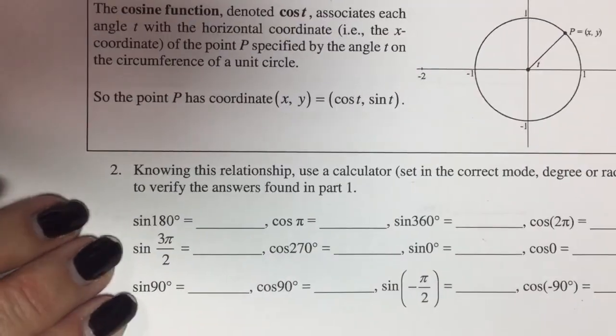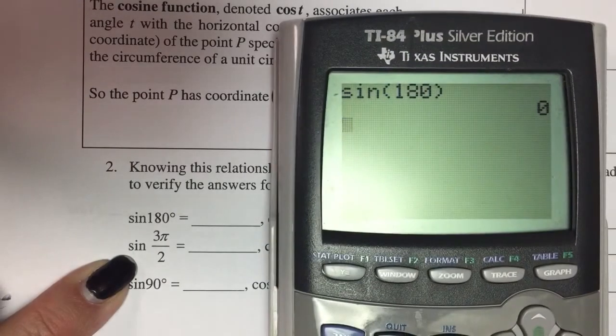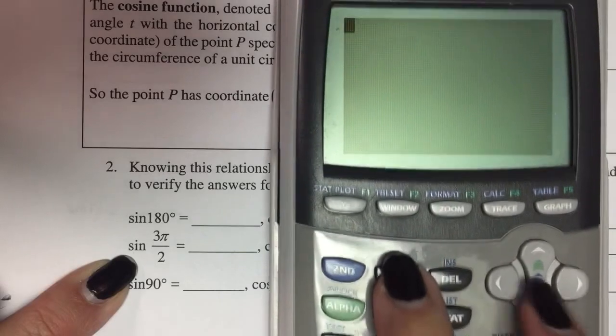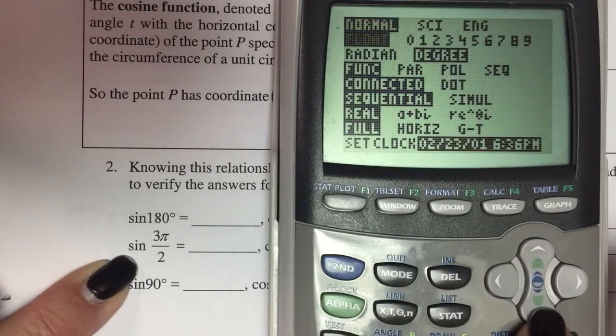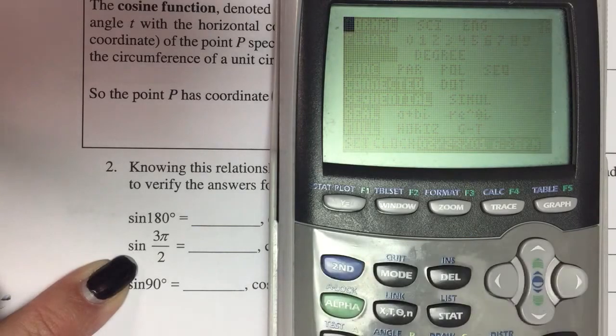Now we're also going to do the sine of 3 pi halves. Notice that is in radian measure, so I'm going to change my mode into radians out of degrees.